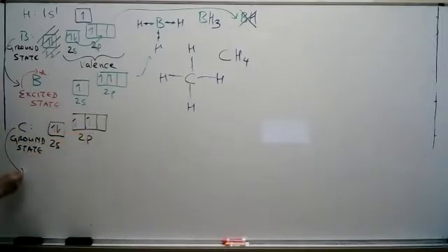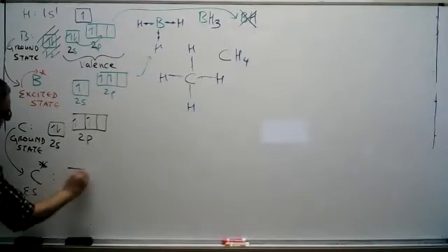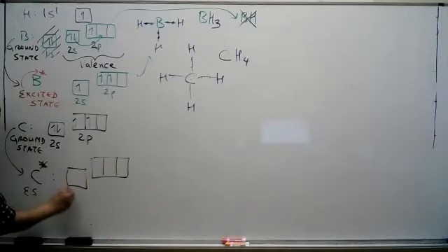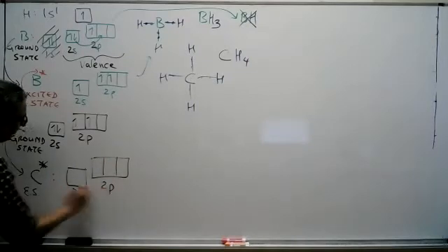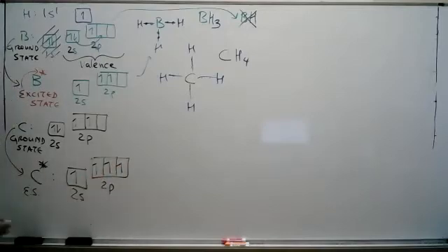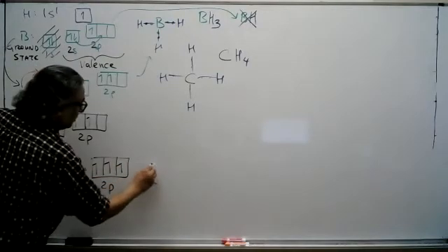So something happens, it goes to the excited state, and it looks like this. As you said, answered in the previous situation, 2s and 2p. Now this carbon has 4 unpaired electrons.